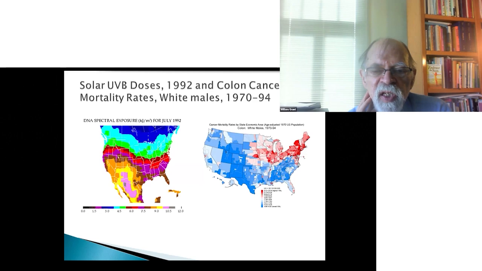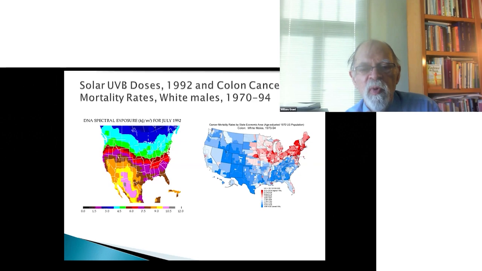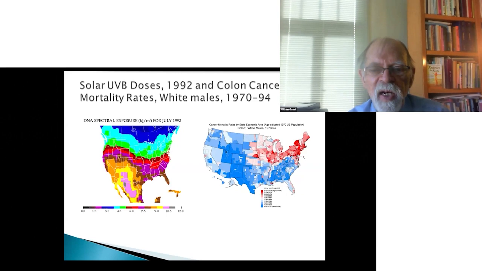Then as the prevailing winds are from the west, the air mass has to cross the Rocky Mountains. And in doing so, it pushes up the tropopause and compresses the stratosphere.